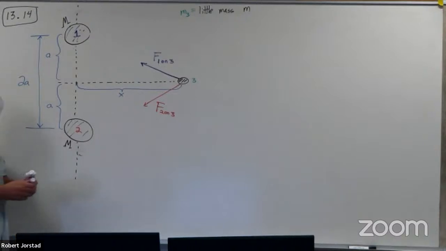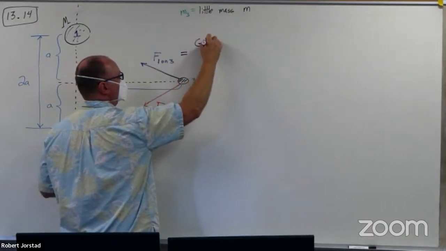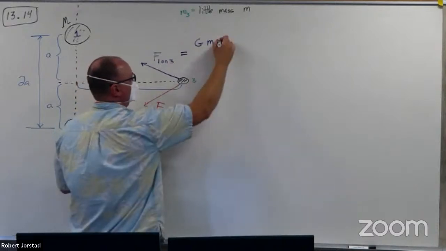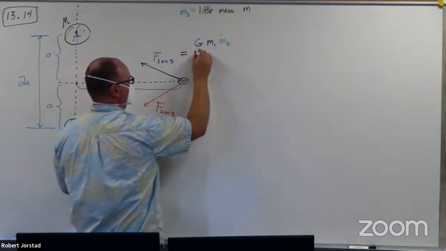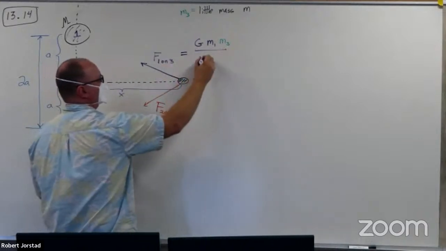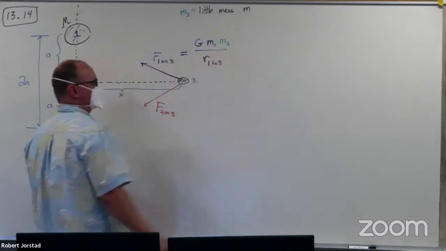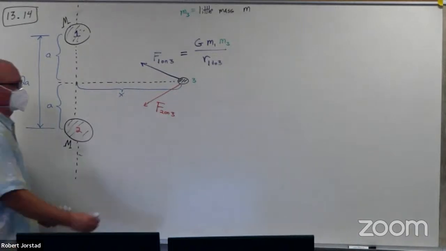So now, this is G M1 M3 divided by radius 1 to 3. And now we got to choose. Are we going to do a vector? Let's do a force vector here.